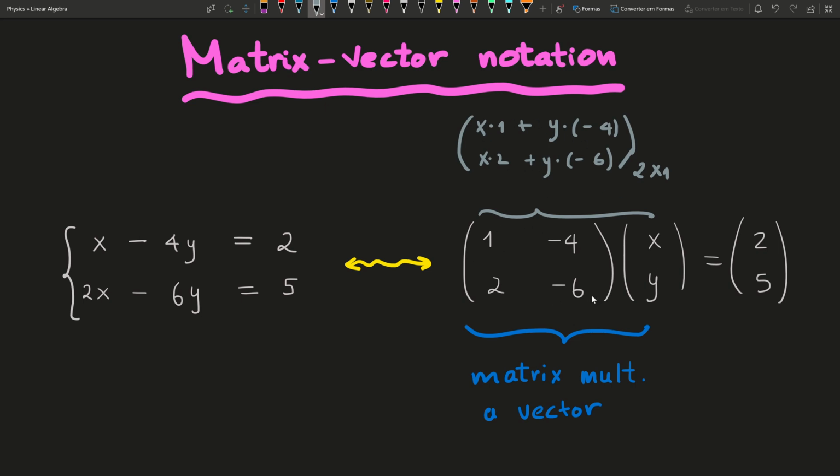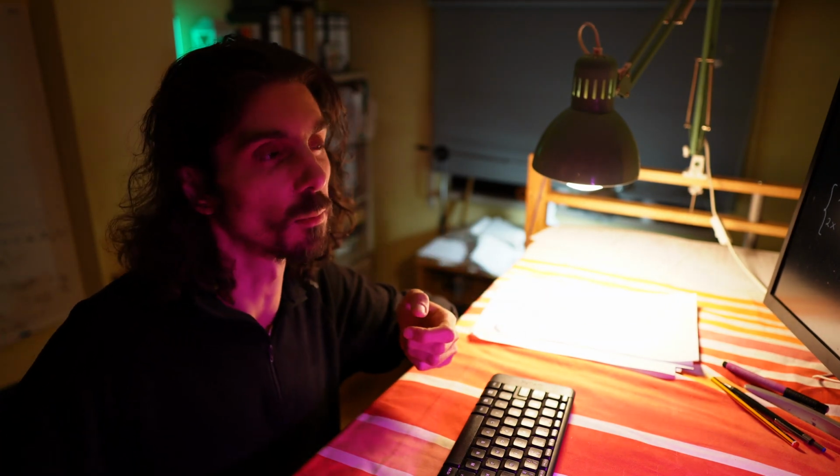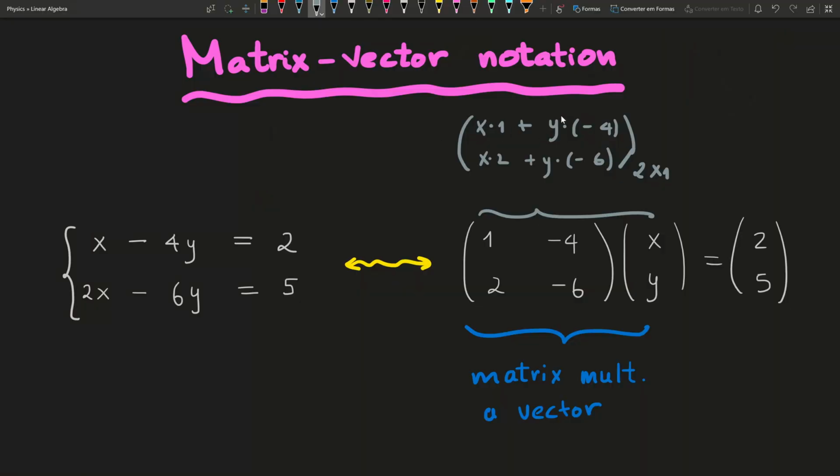This column vector is equal to this column vector, and two column vectors are equal if their entries are the same, meaning the first entry here must be equal to this, and the second entry must be equal to the second entry here. But doing that, this is just the two rows that you find here, the two equations.